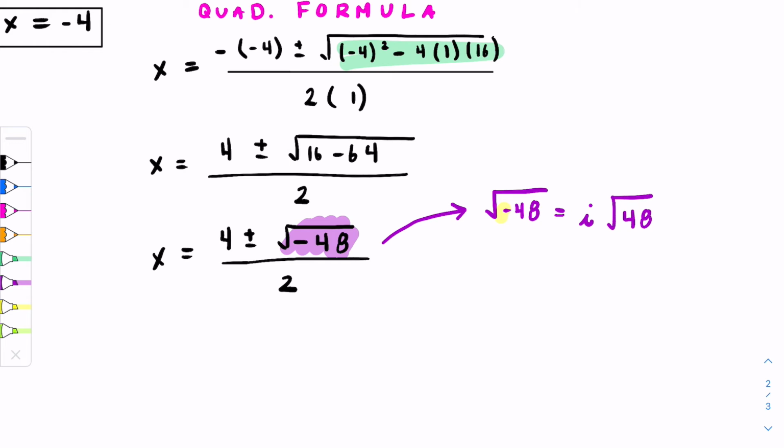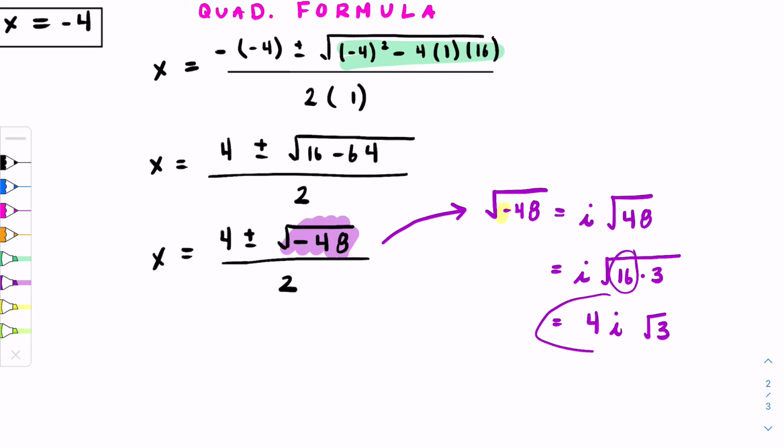And if we can simplify the square root of 48, then we should. It is not a perfect square, but it does have a perfect square factor for simplifying, and that would be 16. It's 16 times 3. And then we can simplify the square root of 16. That would be 4. So 4 times i times the square root of 3 is our simplified square root of -48.